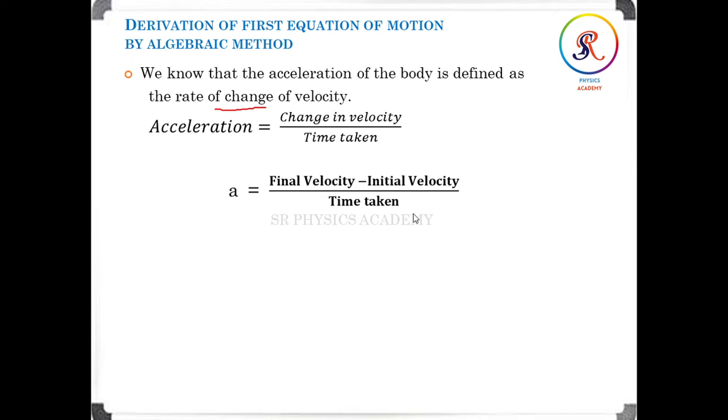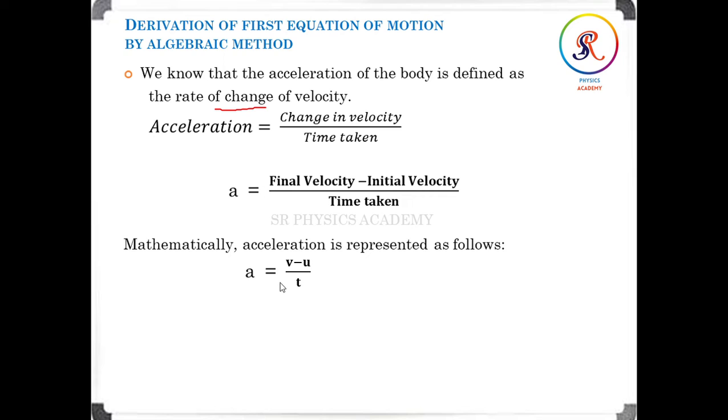What is the symbol of final velocity? V, minus initial velocity U, by time. This is very important. Mathematically, we can write A equal to V minus U by T: final velocity minus initial velocity by time taken.